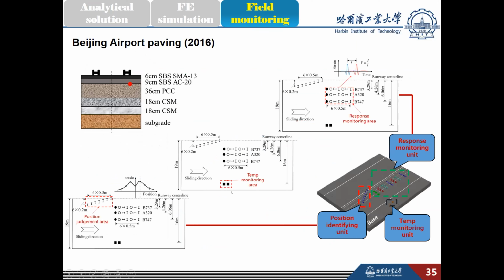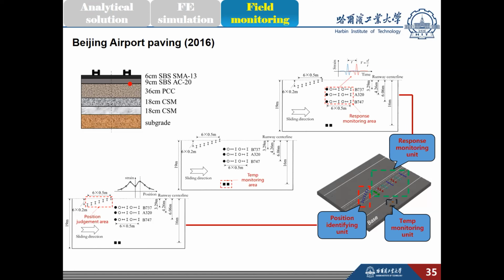In the following slides, I would like to introduce some engineering applications of pavement response monitoring. This slide presents the system conducted in Beijing Capital International Airport. We put the system in one taxiway. The sensor layout consists of 3 units, namely response monitoring units, position identifying unit, and temperature monitoring units.